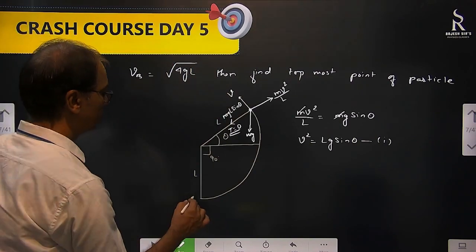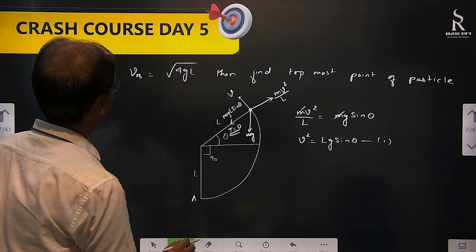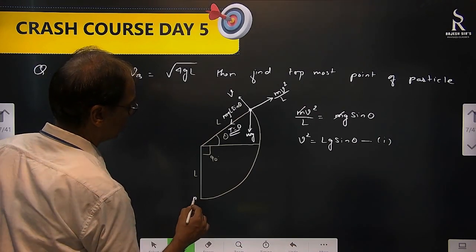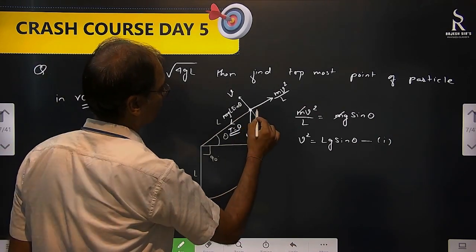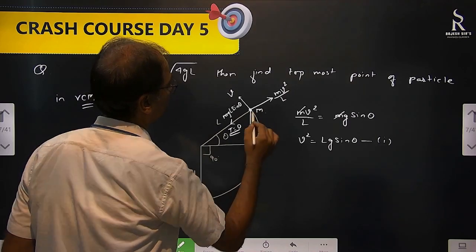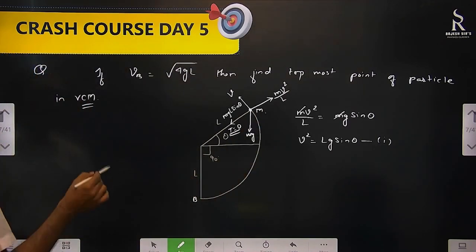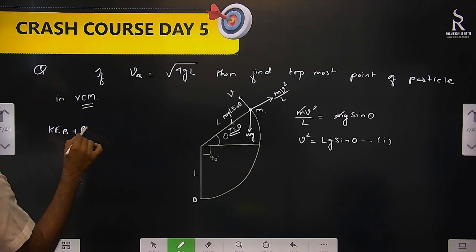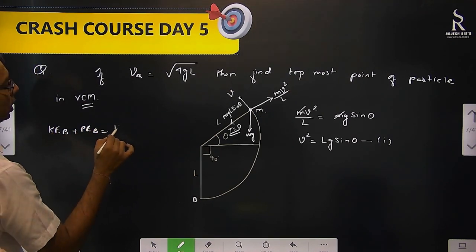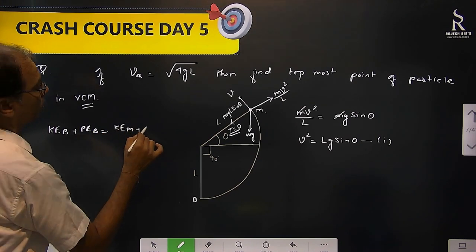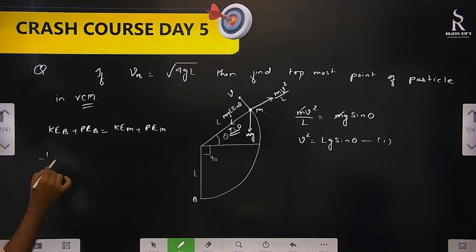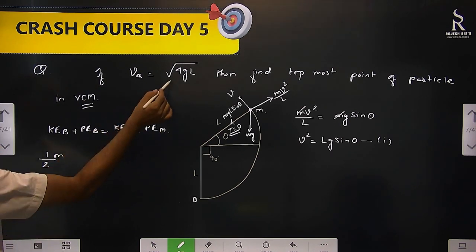Now conserve energy. This point is B. Take this point as M. So conserving energy: kinetic energy at B plus potential energy at B equals kinetic energy at M plus potential energy at M. Kinetic energy at B is half mv square, given 4gl.